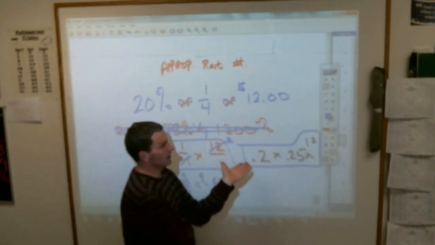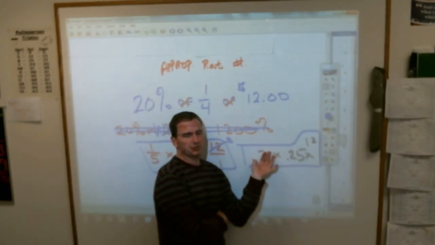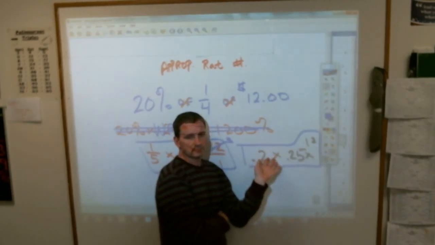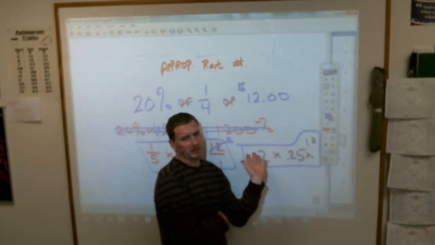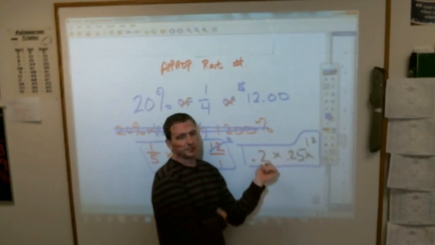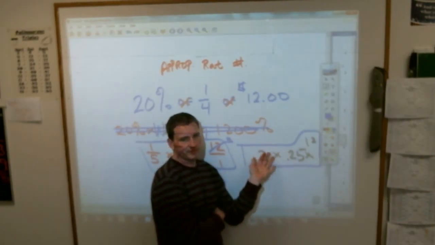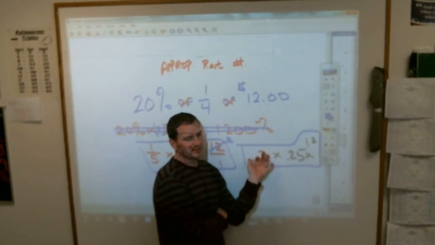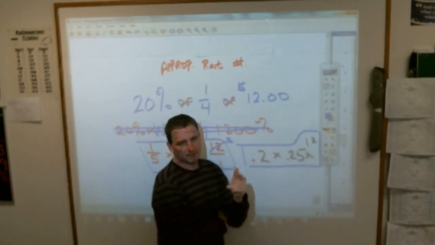If you're doing decimals, David, what would you do? So what are you going to do first? You wanted to do decimals. Do these two first? What is the answer to 0.2 times 0.25? You're right, this is easier. 0.2 times what is what?